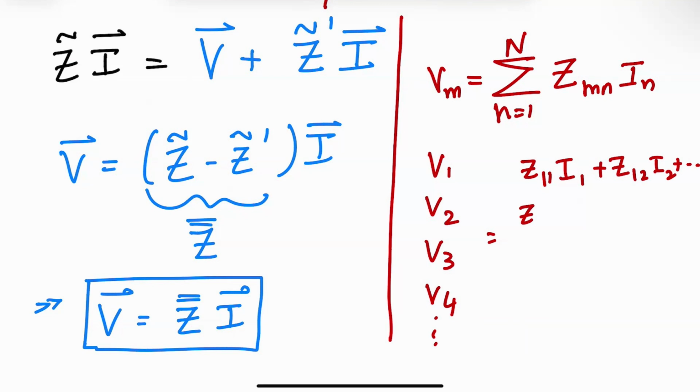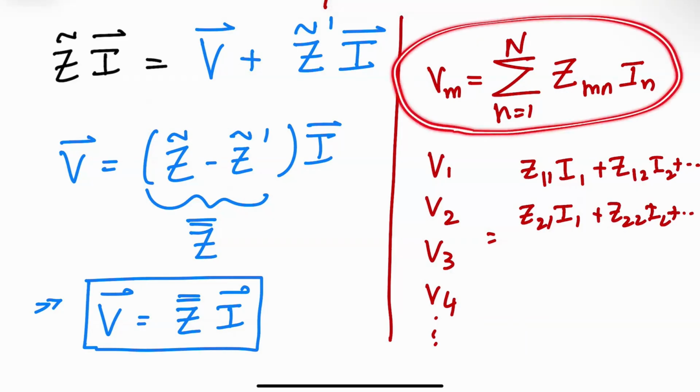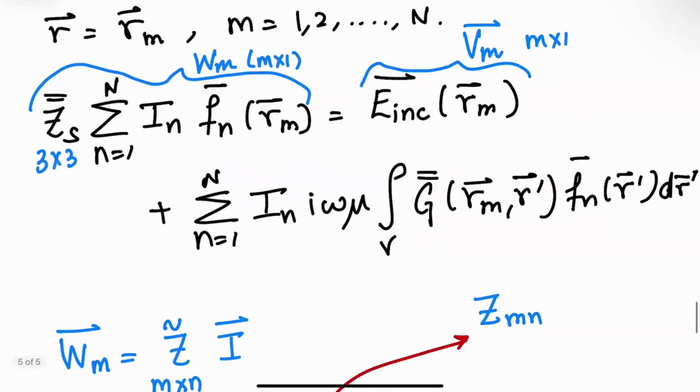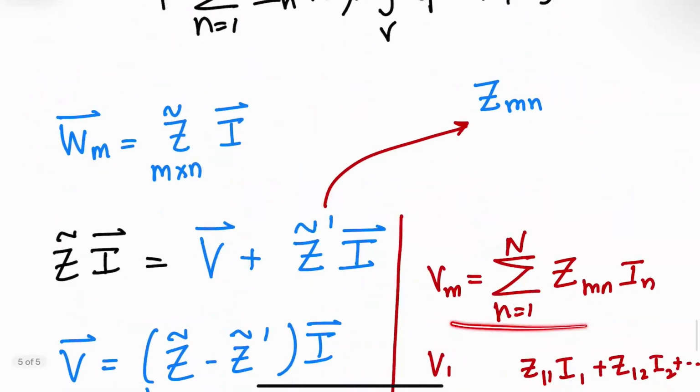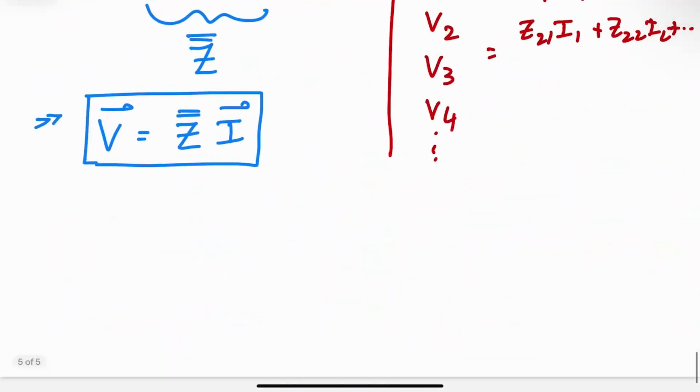This would be Z21 I1 plus Z22 I2 plus so on. That's nothing but a matrix relationship. Whenever you write something like this, it's a matrix relationship, and that's what we have here. Of course, this matrix is relating vectors, so you can do it one component at a time if you like, and that gives you this traditional matrix relationship. Hopefully that was not too confusing.